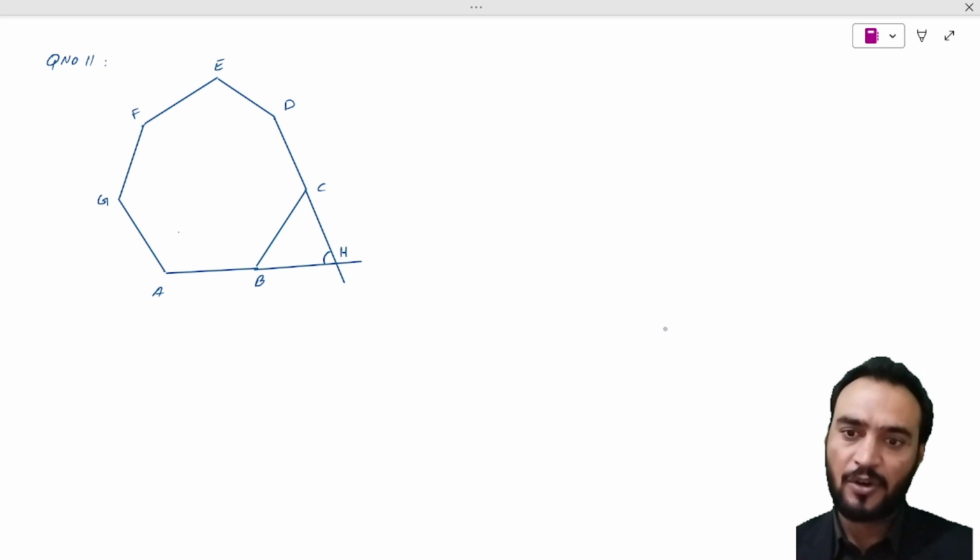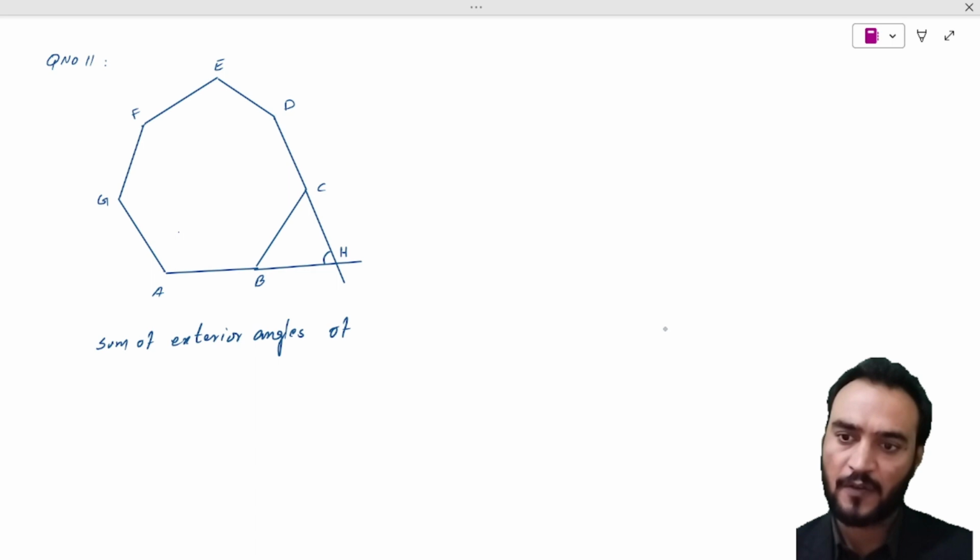As we know, the sum of the exterior angles of any polygon is equal to 360 degrees.